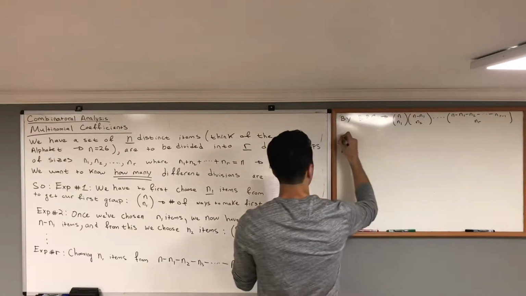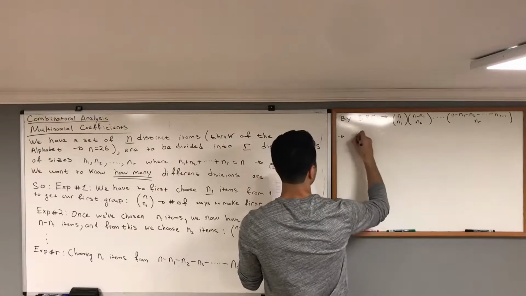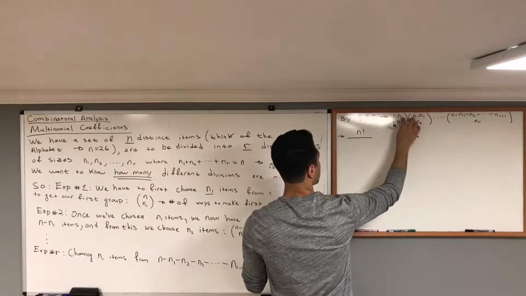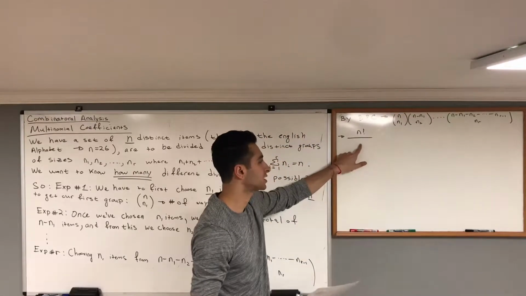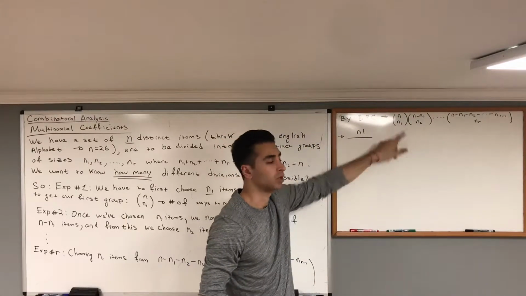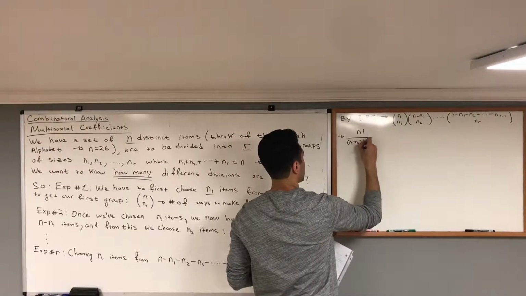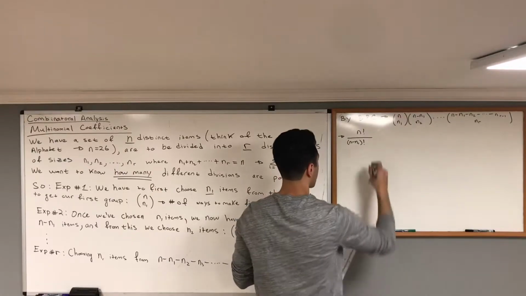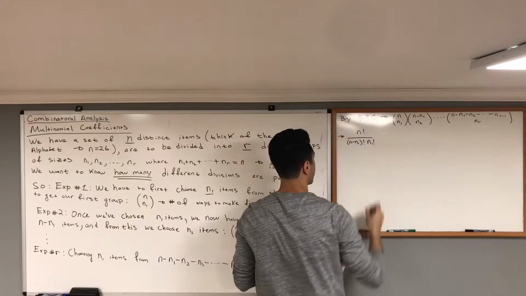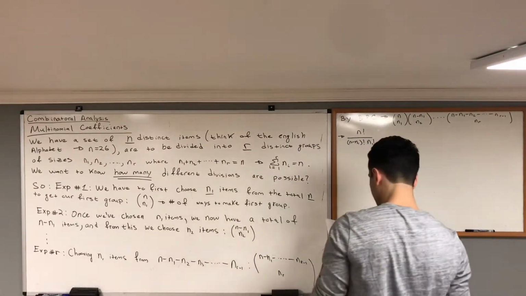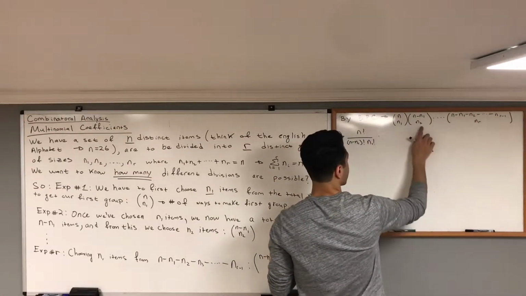n choose n1, oh, that's just n factorial over n minus n1 factorial times n1 factorial, right? Because remember, over here you have n minus r, and r in this case is n1, and you have r factorial. Times this term.